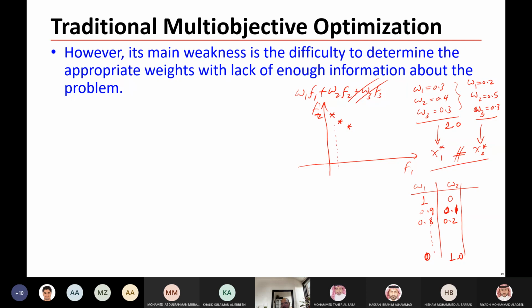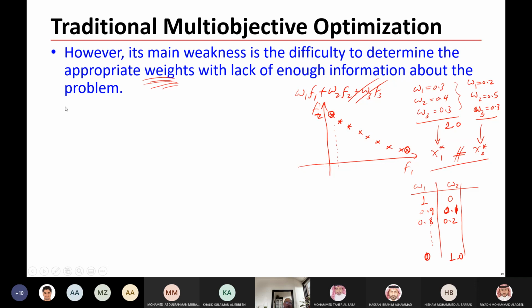So as if you are minimizing the second objective function, you can go here. This is the best solution for F2 and this is the best solution for F1. By changing these weights, you can get the Pareto front here.